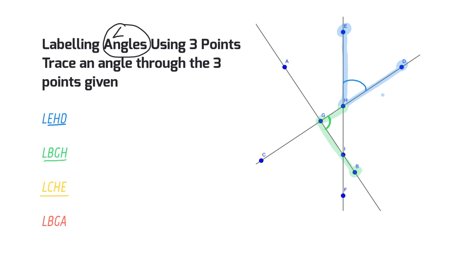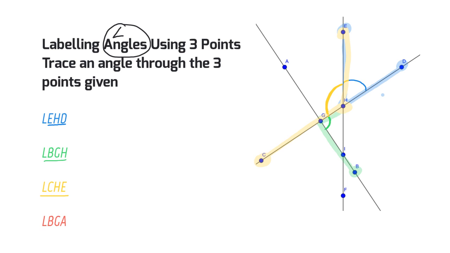Again, we start by finding where those letters are. Here is C, here is H, and here is E. Then connect them. C, H, E. The angle I'm looking for is between those two lines right there.